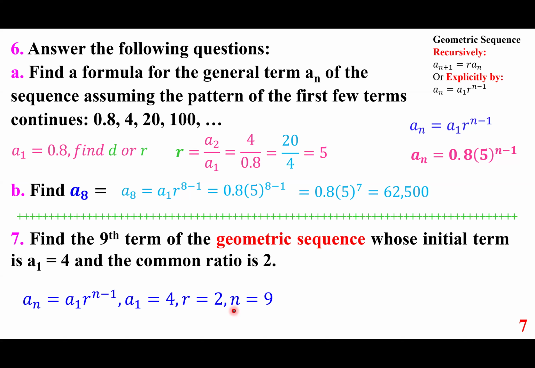Plug in, which means a sub 9 is 4 times 2 to the power of 9 minus 1, or 8. So by the way, you get 2 to the power of 10. I hope you realize this 4 is 2 squared, just for the sake of argument, so this becomes 2 to the power of 10. Okay, so it's pretty straightforward.